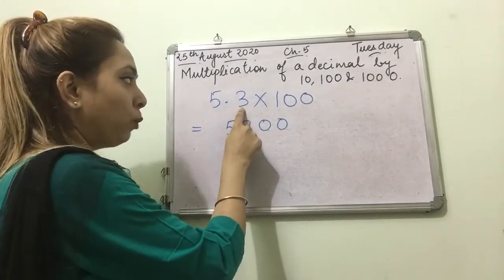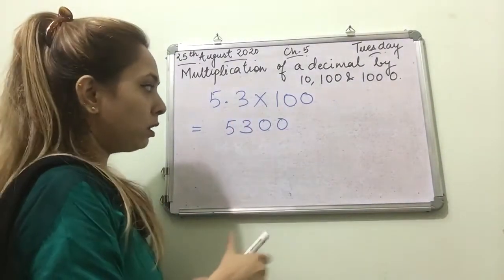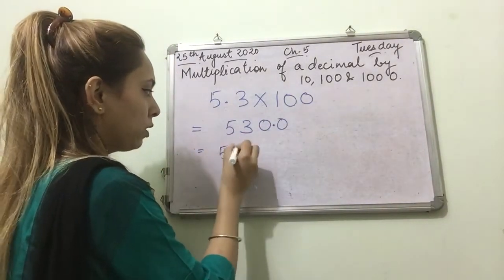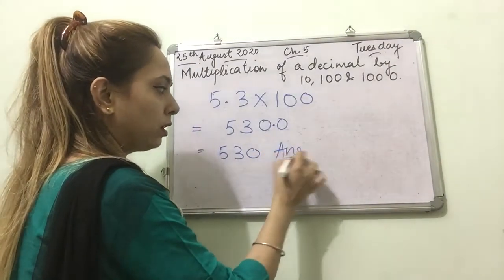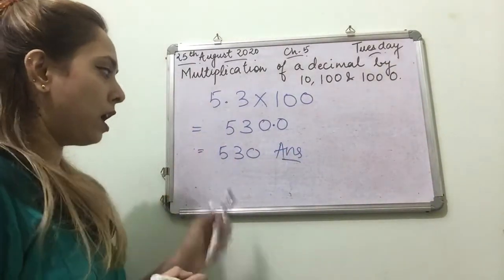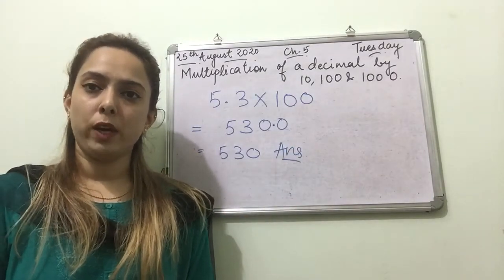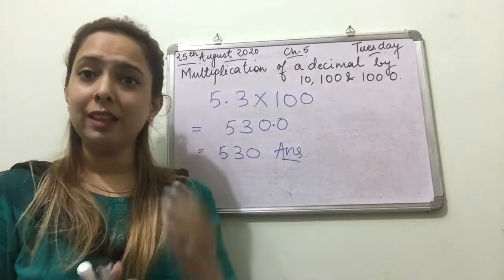Here we have only one decimal place, so we will place the decimal just before one number. So your answer is 530. This is the simplest way of multiplying any decimal by 10, 100 and 1000.